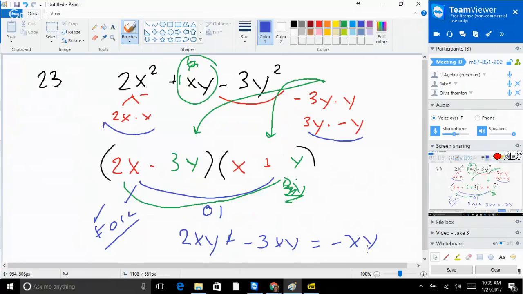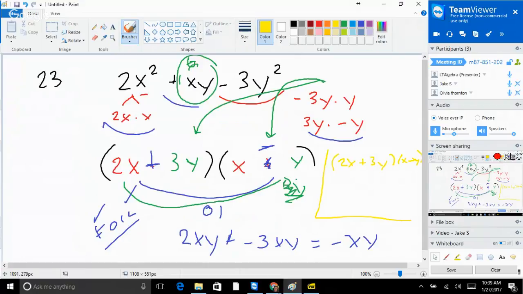So that's really close, but up here it's positive, not negative. So when I do that, it's not a big deal. I just change this to positive and I change this to negative, and then I should be good to go. And if you want to double check, the screen is a mess, so let's write it nicely. 2x plus 3y times x minus y.